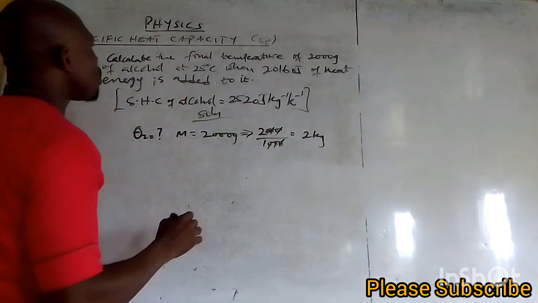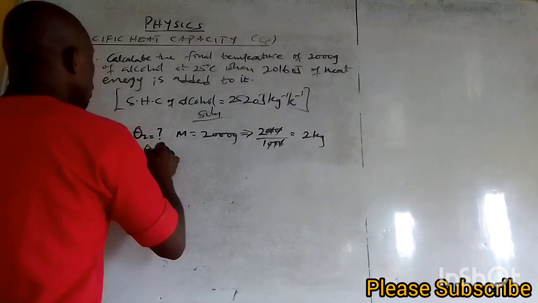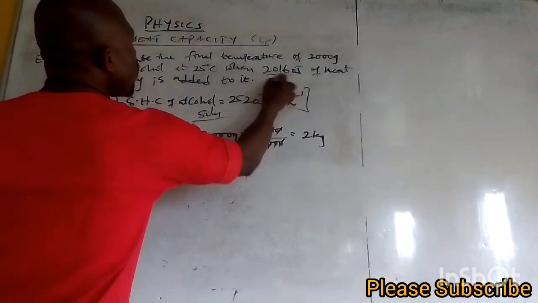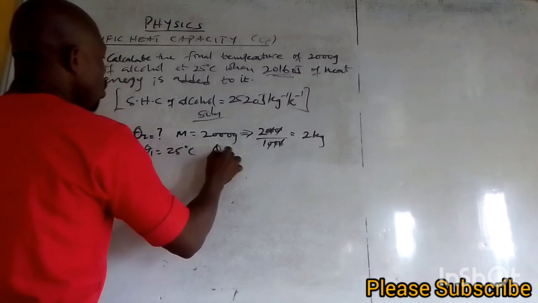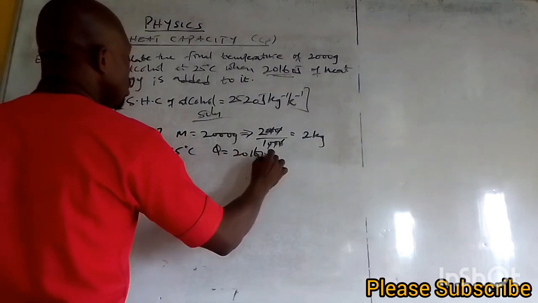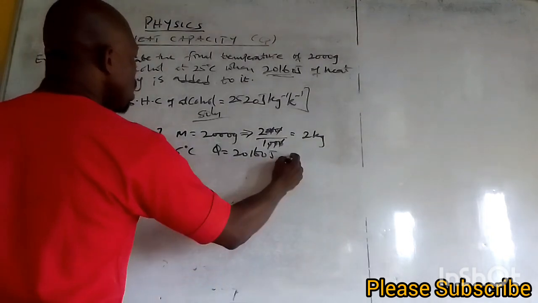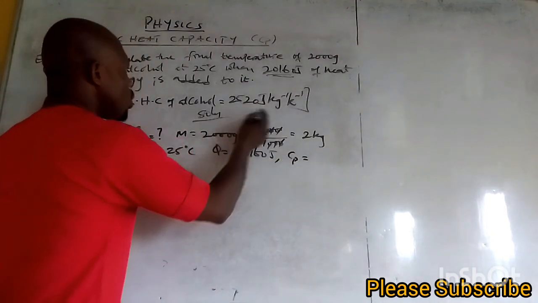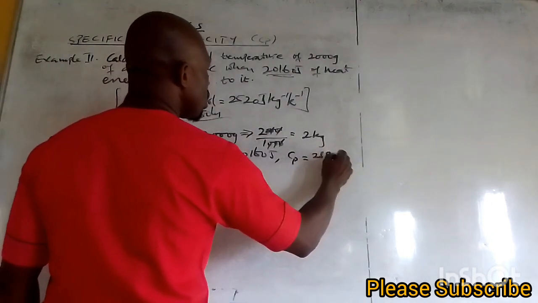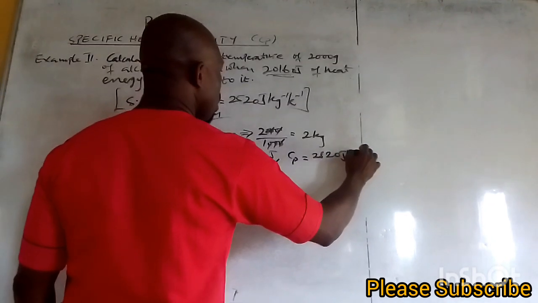Now, initial temperature, theta 1 is 25 degrees Celsius. Now, the quantity of heat there, Q, is 20,160 joules. And of course, Cp is given to be 2520 joule per kg per Kelvin.